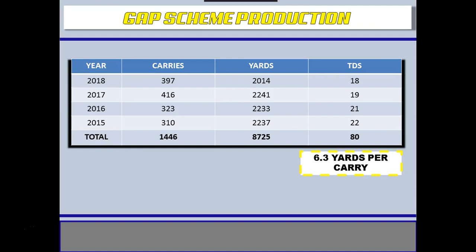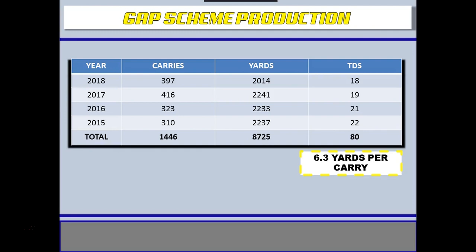You can run the football in the Air Raid. You can run the ball consistently from a one-back set, and you don't have to have blistering tailbacks. You don't have to have big, huge tailbacks. We've done it with all types of tailbacks. But as you can see in the numbers, we average more yards per carry in this one-back system than we did in the actual two-back system, and we haven't sacrificed it.